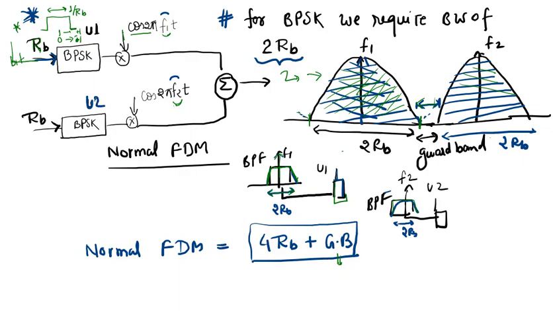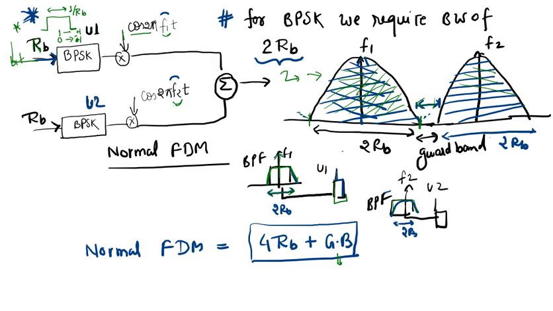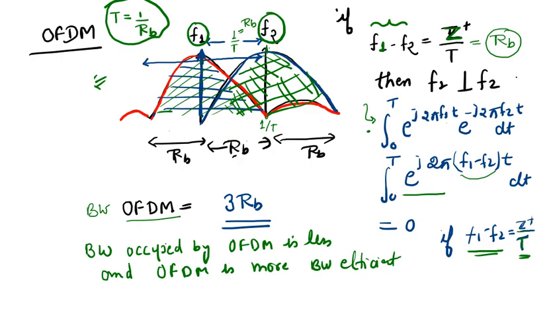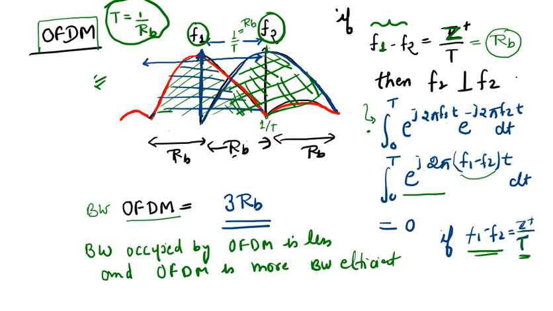So to implement the same setup, first we have to make sure that f1 and f2 are separated. So f1 is some value, then f2 should be f1 plus RB, and we can implement this setup easily, because OFDM can be implemented more easily as compared to this. We don't need this type of multiplier etc., and we can further increase the users, and more users can be accommodated.